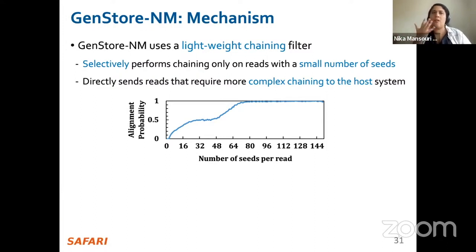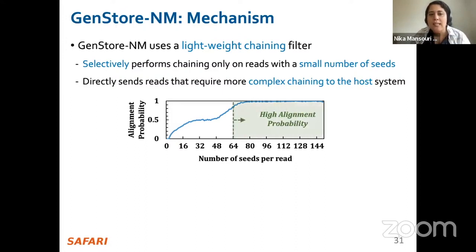We want to see, for example, if a read has 64 seeds, would it align? What would be the alignment probability? We analyzed this for different genomic data sets from different species: humans, bacteria, mice, many different species. You can look it up in our paper if you're interested.